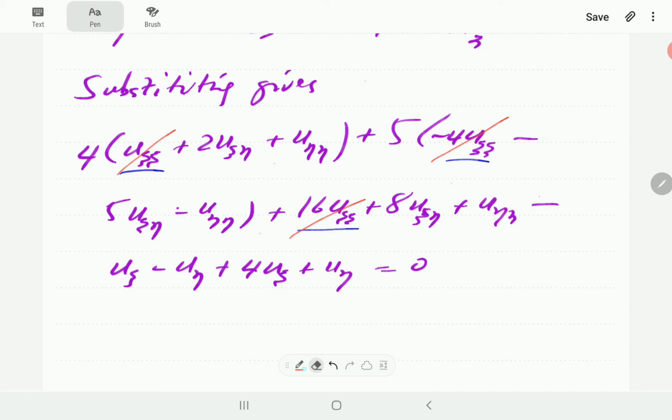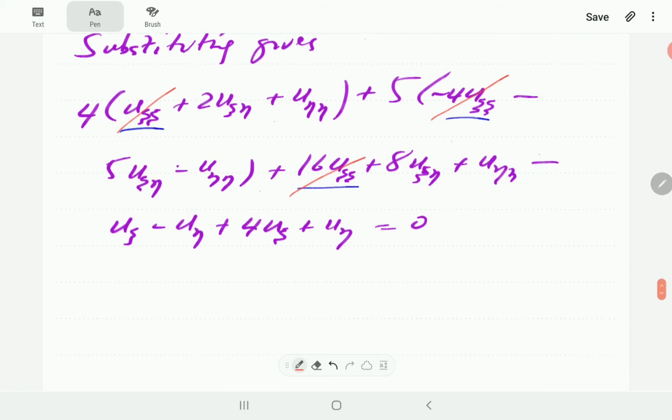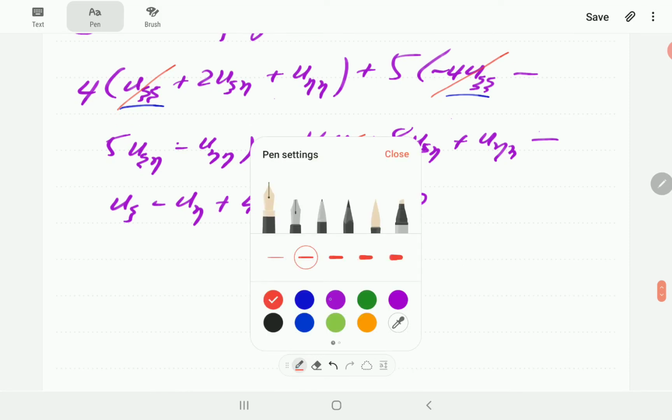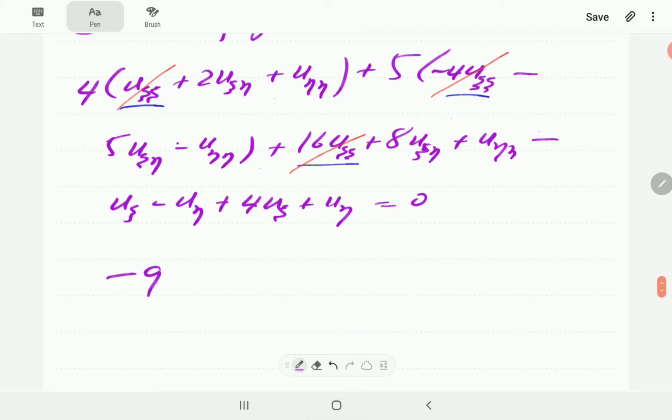Okay, so that cancels out with that. Then we look at the xi eta terms. We've got 8 here minus 25 plus 8. So it's going to be 16 minus 25. So that's going to work out to negative 9 u_xi_eta.